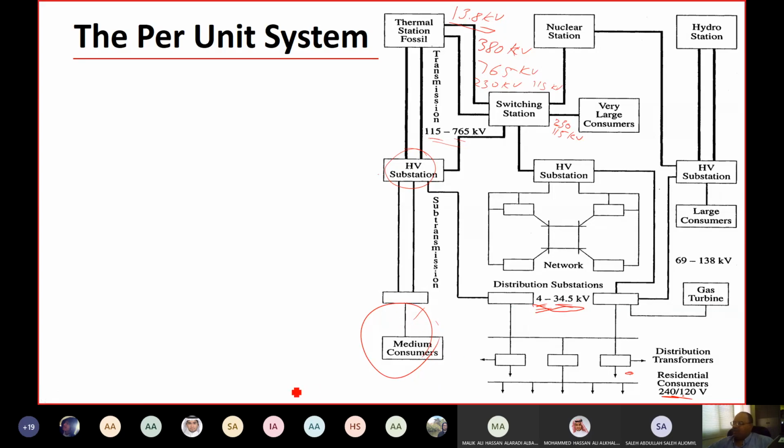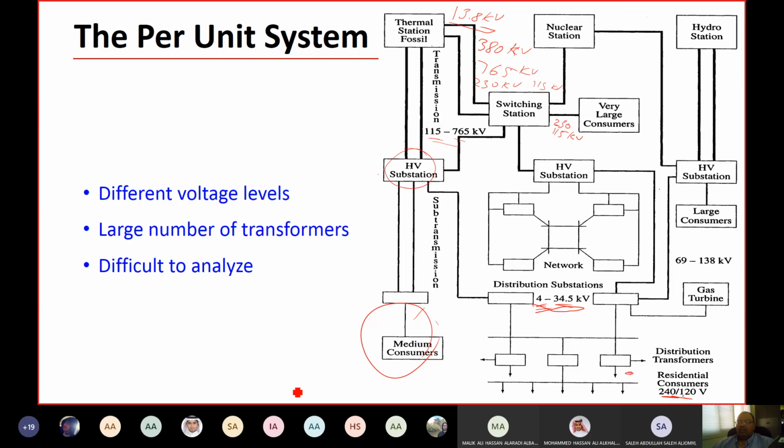So this is typically the power system, with different voltage levels, as you can see, and you have so many transformers.